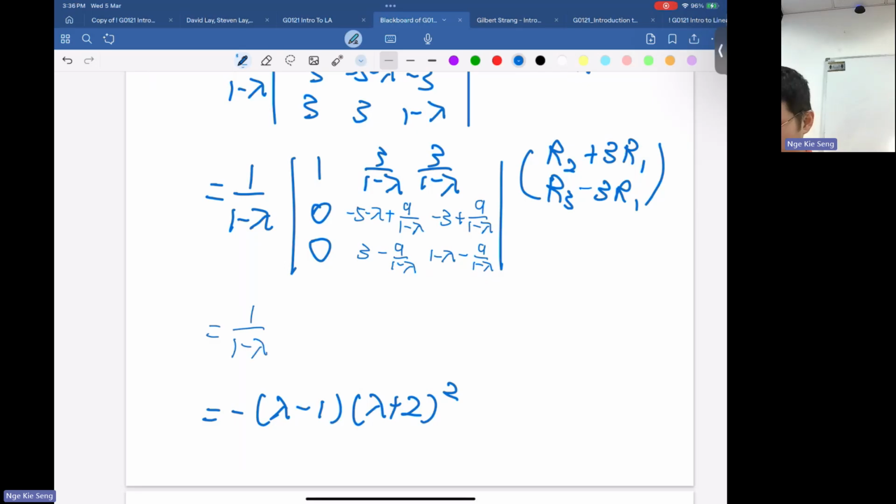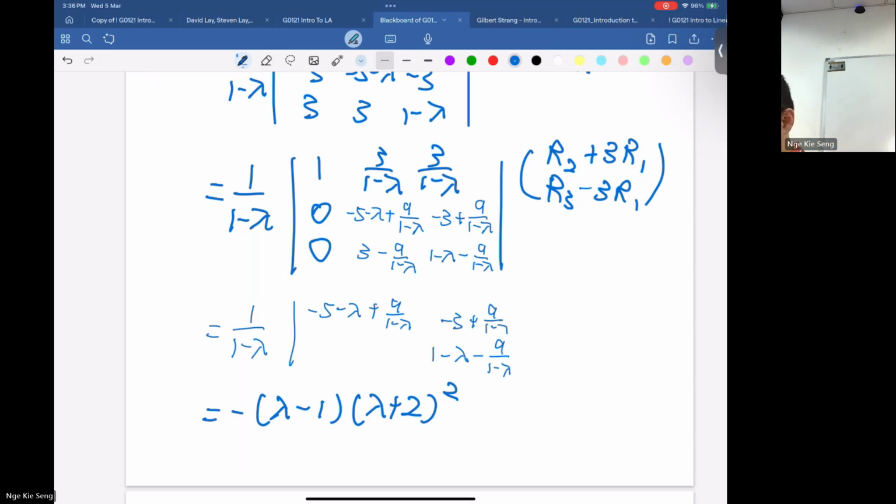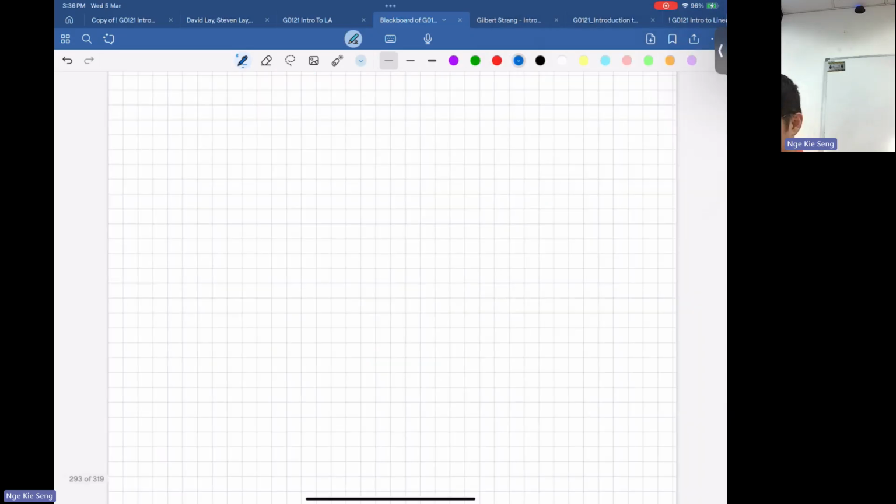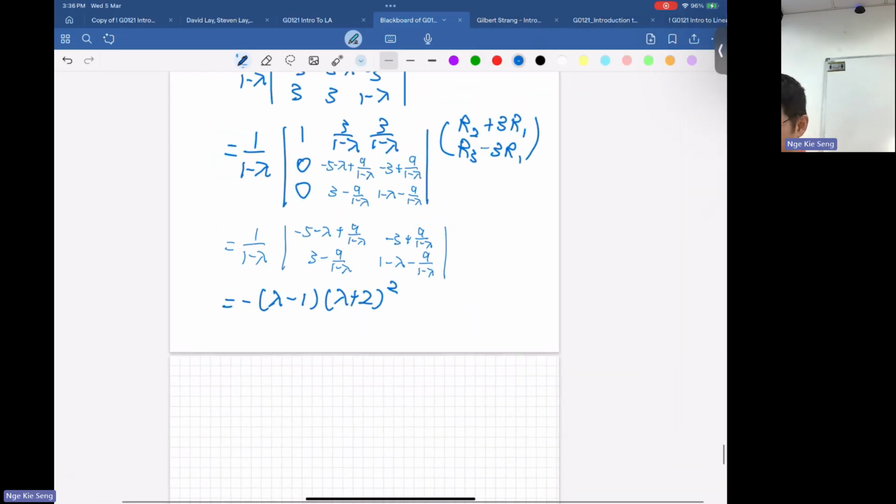If we expand on the first column, you should get 1 times this minor here, correct? Then you need to expand this already. If any calculation error, please let me know.